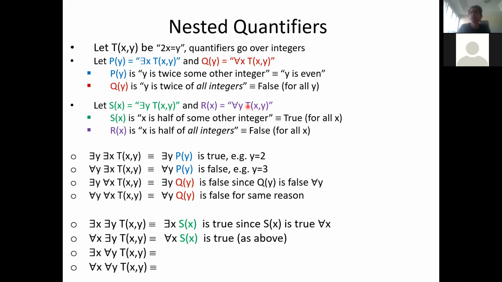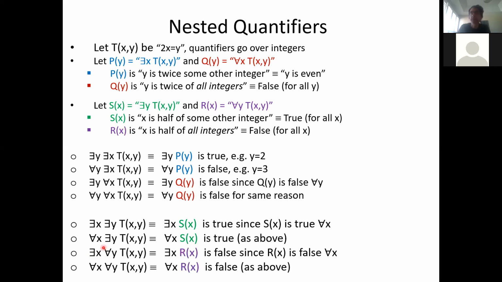It's not true for any x that x is half of all integers. x is a half of some integer, the integer that is twice x, but it's not half of all integers. So this predicate is false for all x, and therefore, whether you quantify it for the existent x, or for all x, it's false.